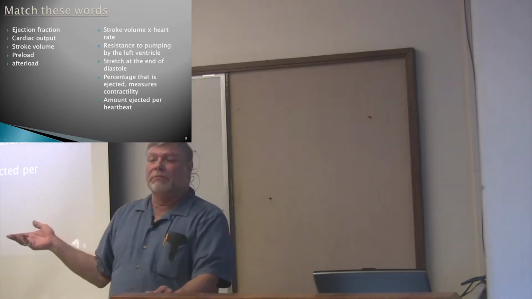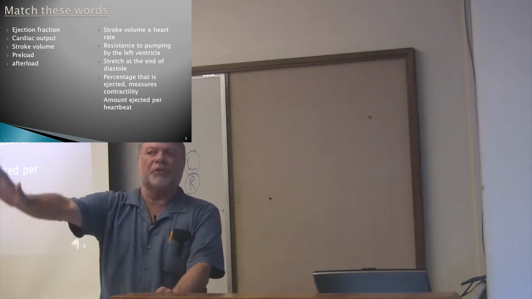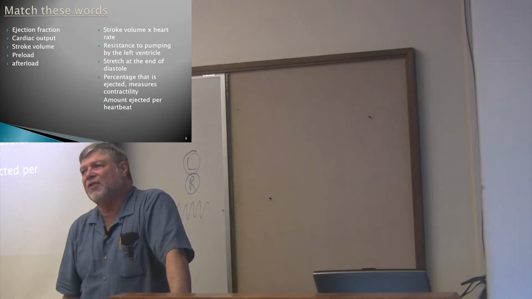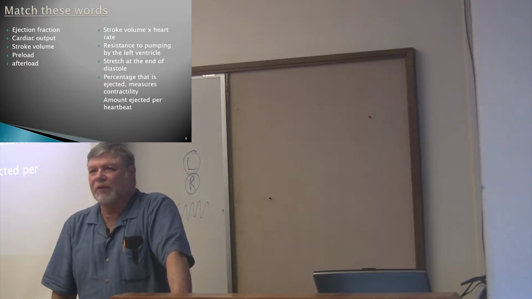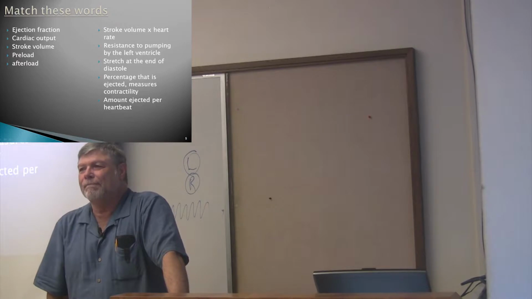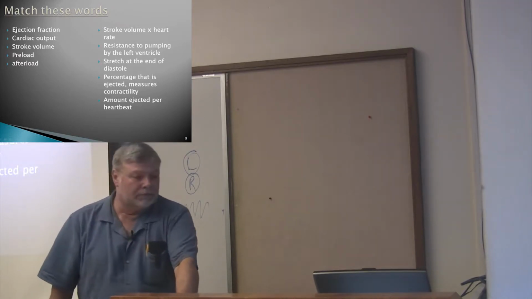Preload, what's afterload? The pressure against which it has to push. So if your diastolic blood pressure is 110, what's going on for your heart? What's that going to do to your ejection fraction? Probably decrease it. Yeah.